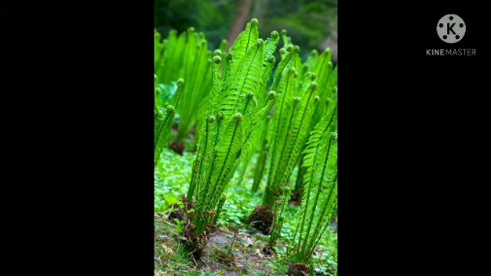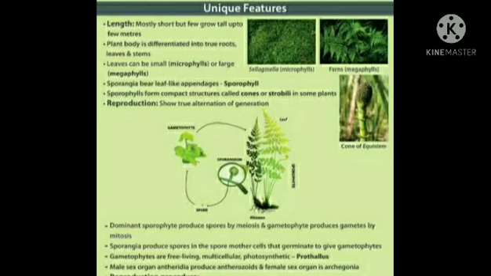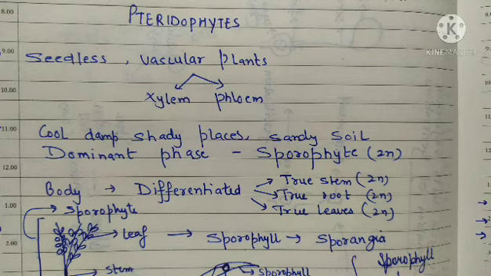So, dear students, in this video, we are going to study about pteridophytes. Here you will see the differentiation of the plant body. The main dominant phase is sporophyte, meaning the plant body is diploid, and it has true stem, true leaf and true roots present.